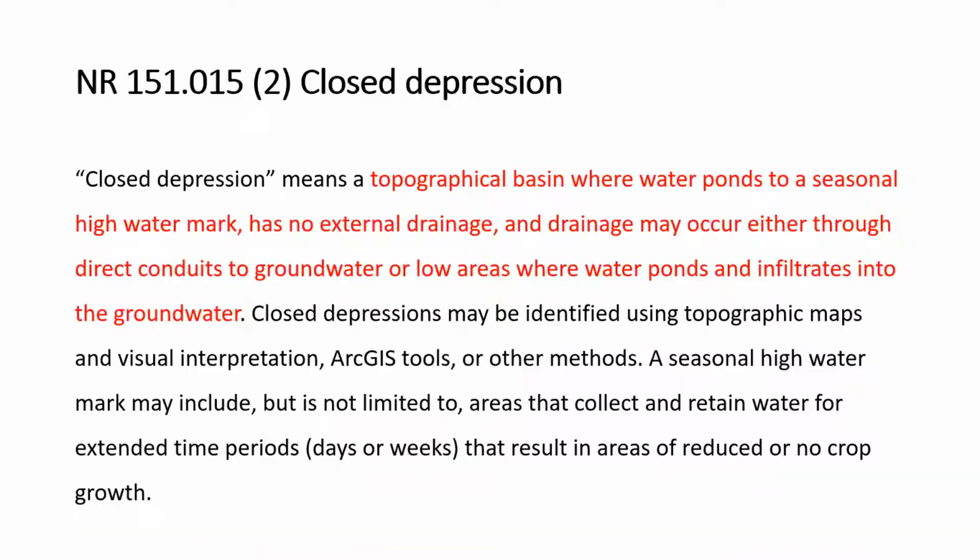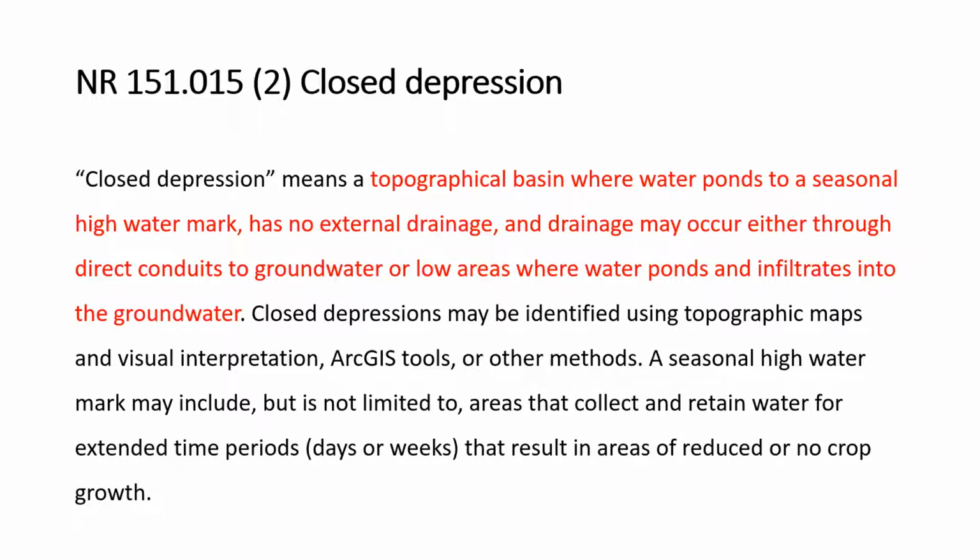We'll move on to the next slide where we have a more narrow definition of a closed depression than what we just looked at. This definition was added to NR 151 at the time the shallow bedrock standards were created, those standards that are targeted performance standards for eastern Wisconsin in shallow bedrock areas.